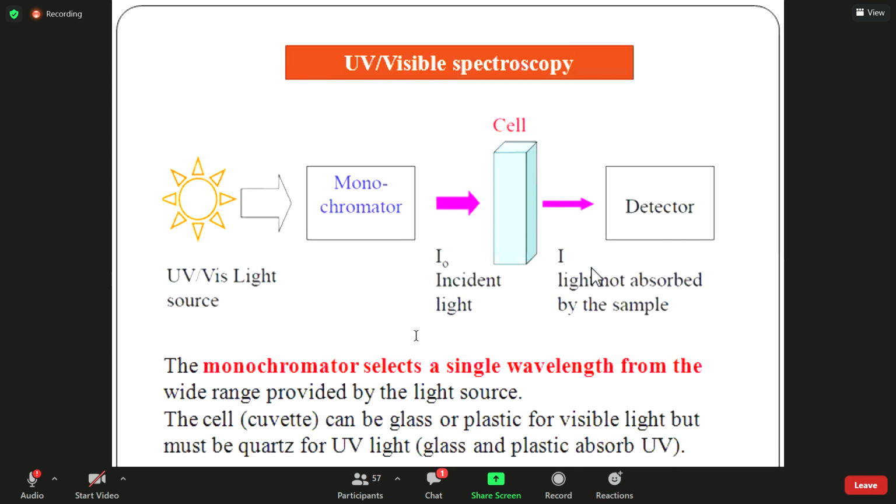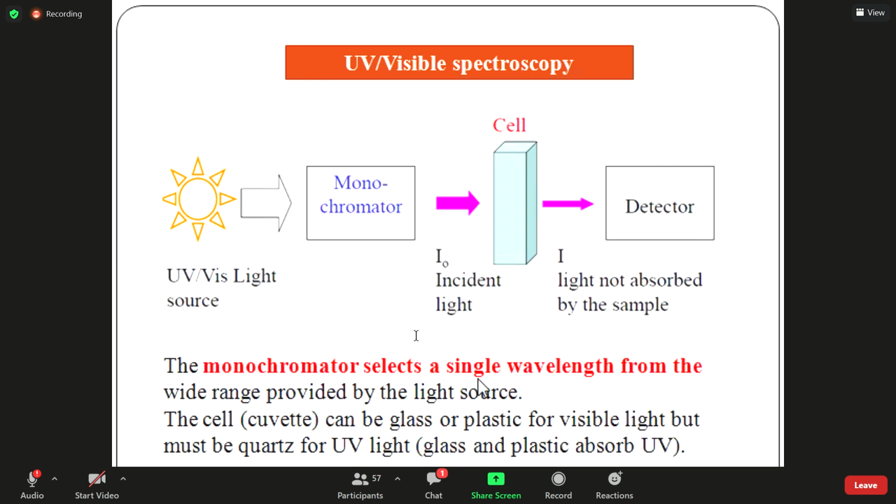Can you tell me the relationship of I naught and I? Will I decrease or increase? I will decrease. Why? Because some of it is absorbed by the cell. Very good. So I will be lesser than I naught. Then this light goes through a detector to get the final component.